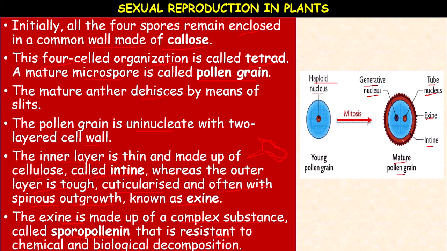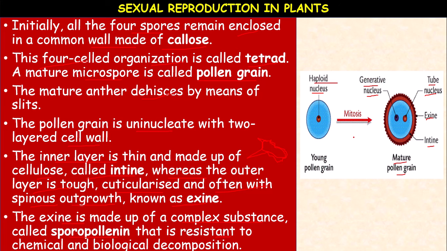The intine is made up of cellulose, whereas the exine is made up of a special substance, sporopollenin. The pollen grain protoplast is uninucleate in the beginning, but at the time of liberation it becomes 2 to 3 celled.